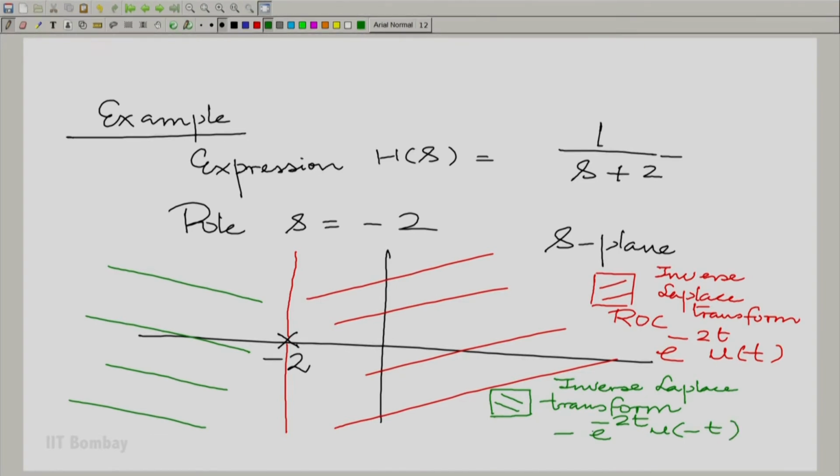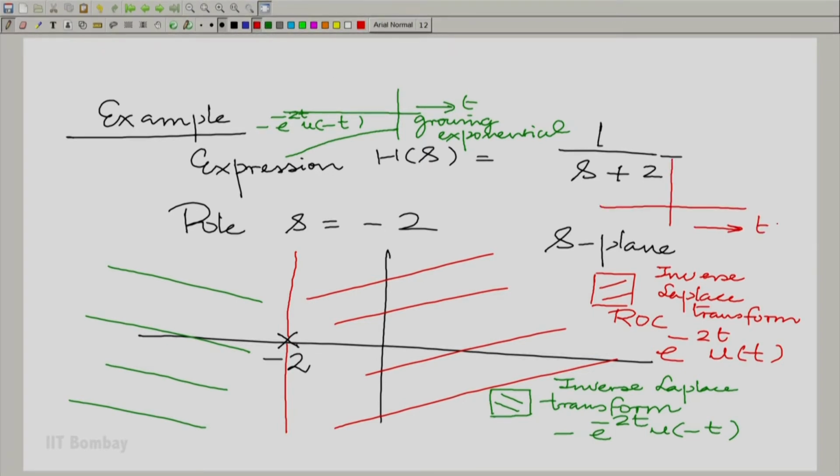Let us sketch both of these. The green one looks something like this. It begins with -1 and then grows without bound. And the red one begins with 1 at 0 but decays. Of course, you must think of this as a decaying exponential. So, that is how it is looking.